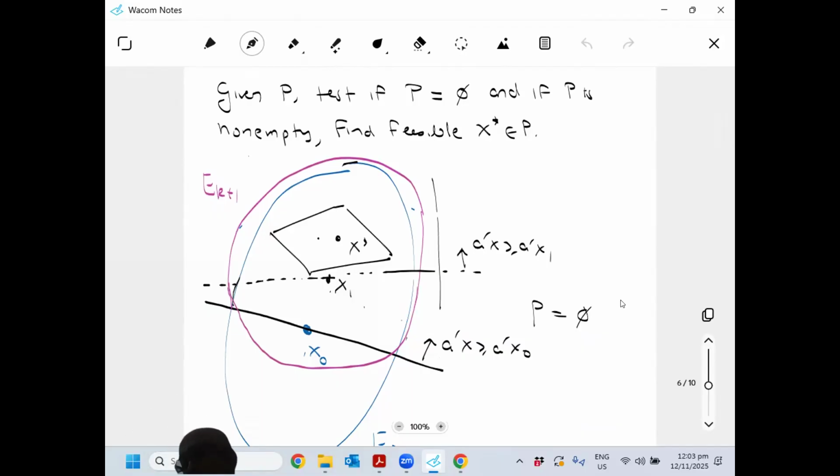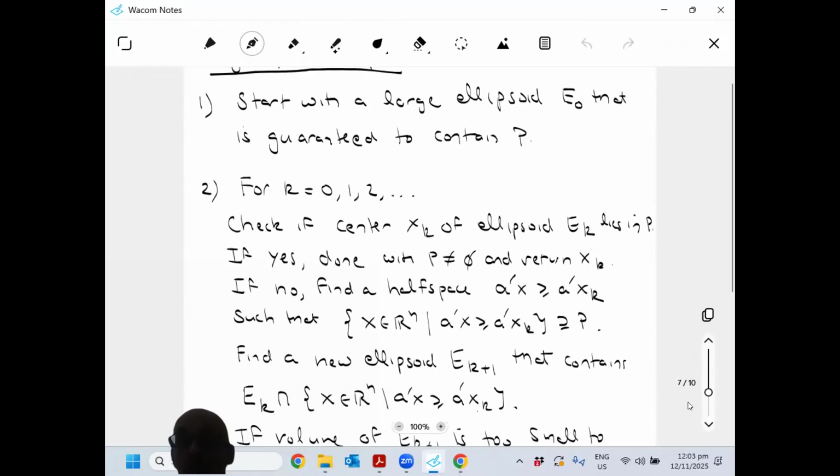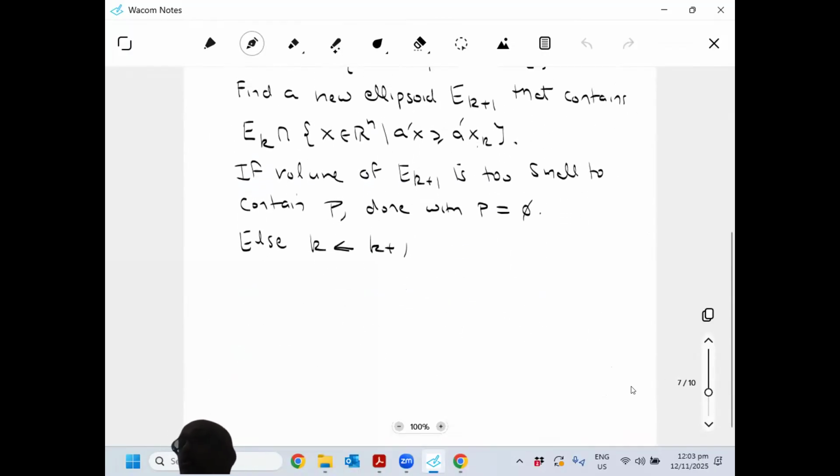Okay, but how do you know the polyhedron lies in the ellipsoid? Everything is done with the center of the ellipsoid. The moment the center of the ellipsoid lies in the polyhedron, you stop. You're right. How do you use this method to find the optimal? There's no optimality here.